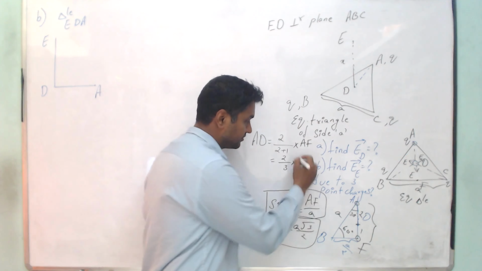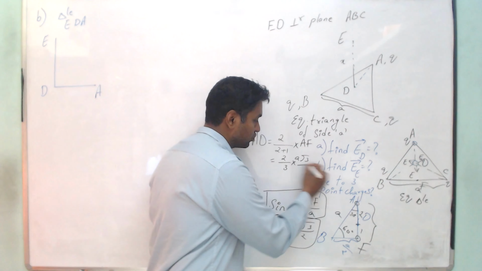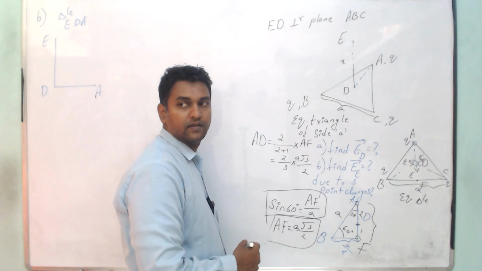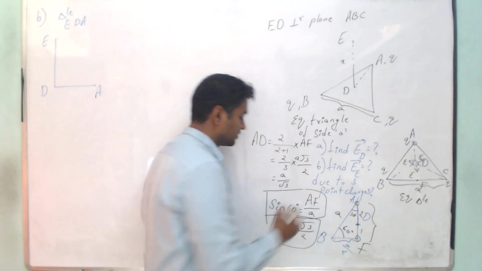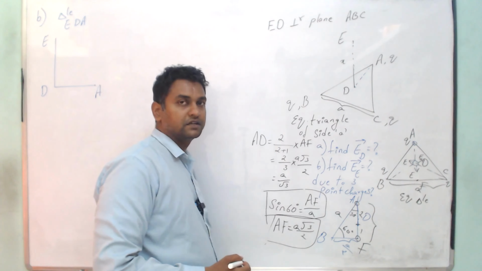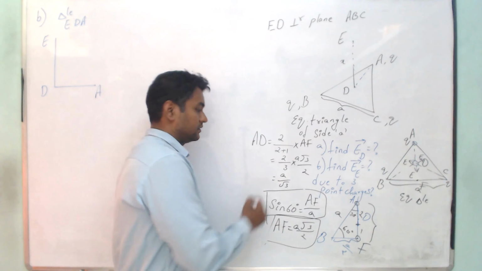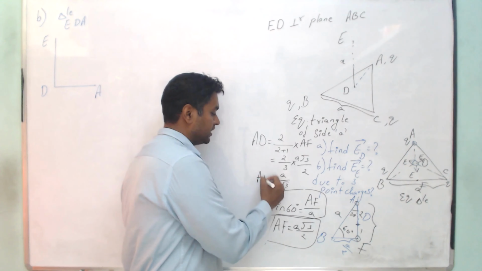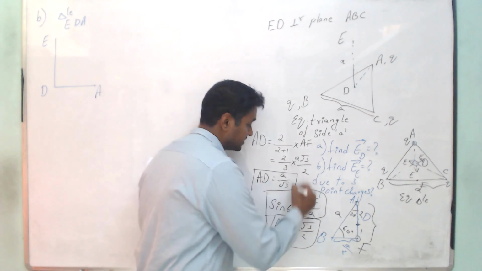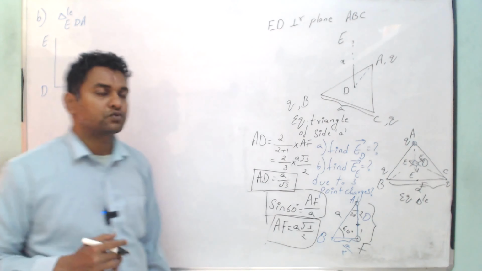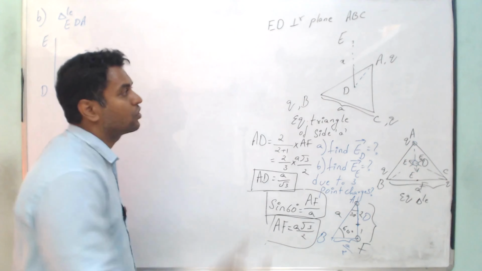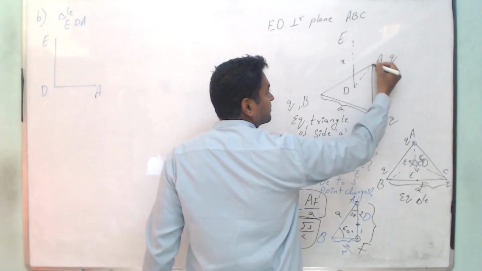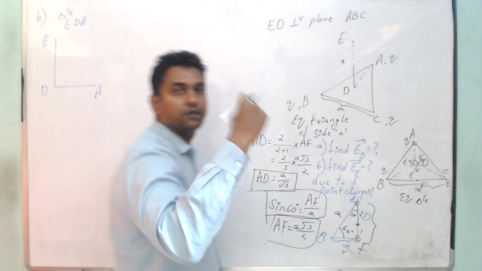AF is a root 3 by 2, so the 2s get cancelled, and my AD is a by root 3. In future questions, once you practice this multiple times, the distance between the vertex and the center is automatically a by root 3.